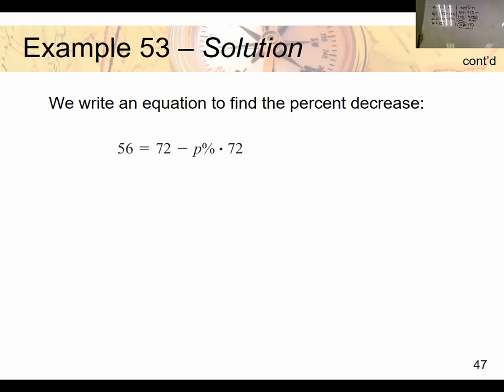Okay, so it'd be 56 equal to 72 minus P% of 72. So here we're going to do this algebraically. And P% represents P over 100. So it'd be 56 equals 72 minus P over 100 times 72.